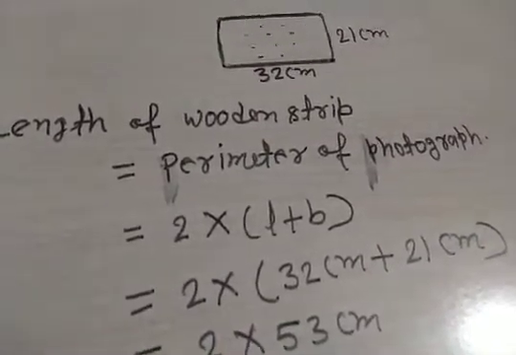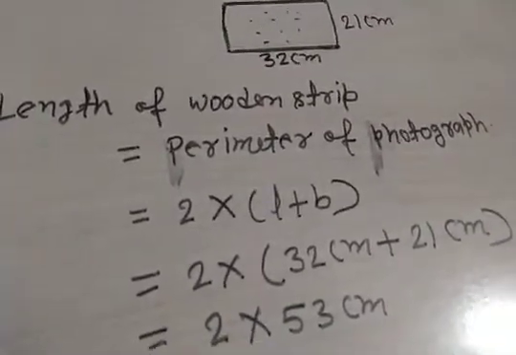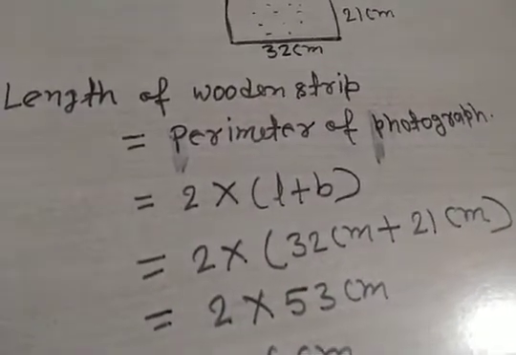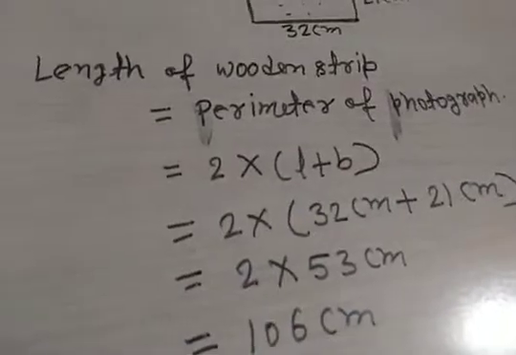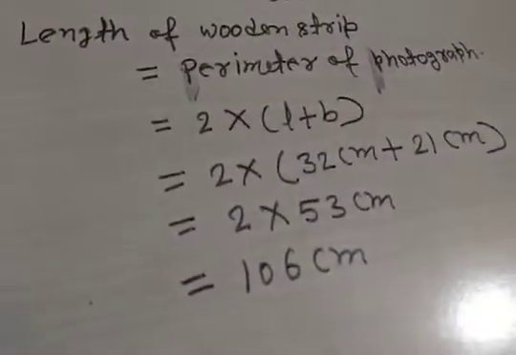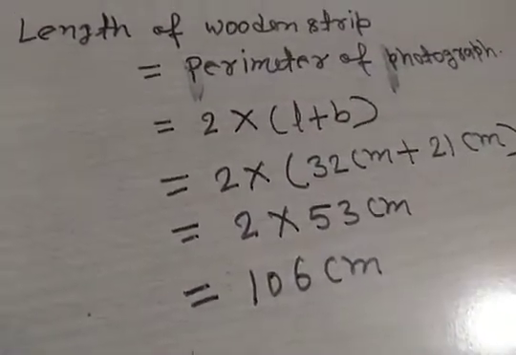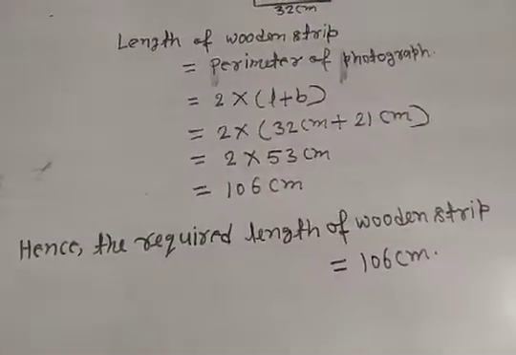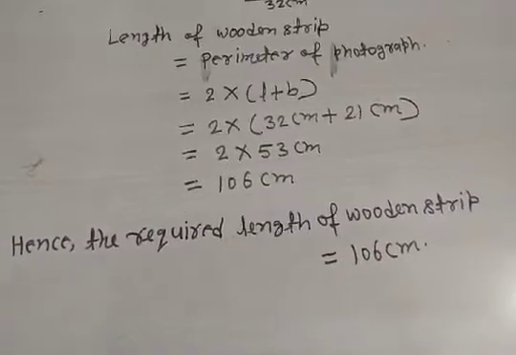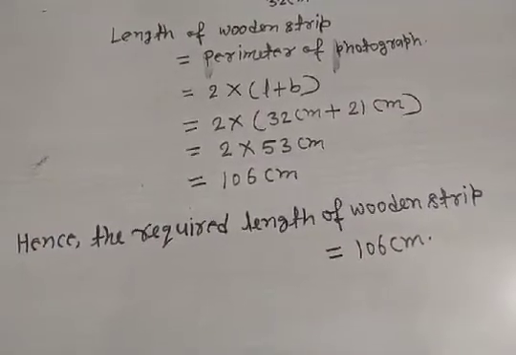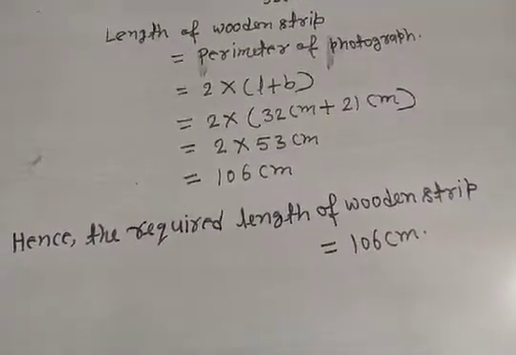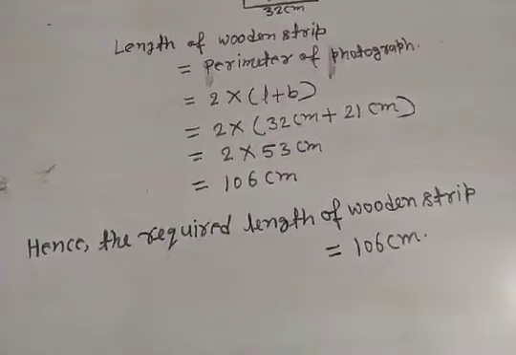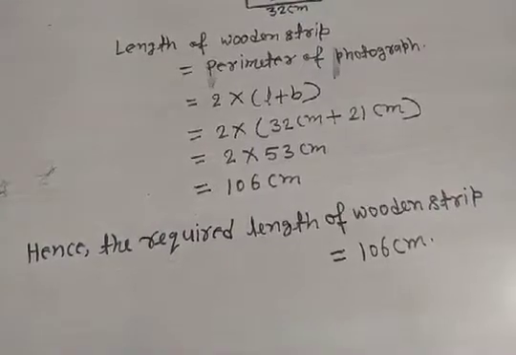First we sum length and breadth, we obtain 53 centimeters. Then 2 into 53 centimeters becomes 106 centimeters. This is the length of the wooden strip. At last we can say that the required length of wooden strip is 106 centimeters. Students, I hope all of you understood this question.